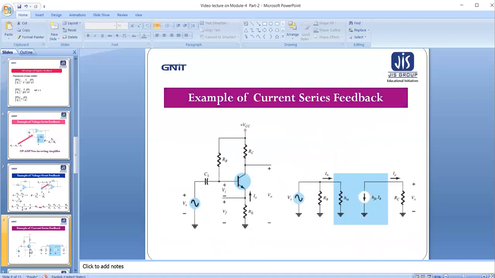Next one is the example of the current series feedback. It utilizes a BJT fixed bias circuit where there is no bypass capacitor. Since the capacitor is absent, the AC signal will not bypass to the capacitor.